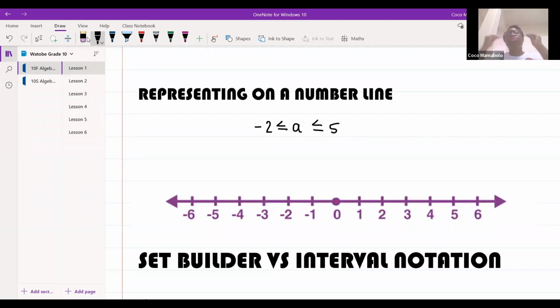Now, I want you guys to draw out the number line and actually map out, I'm forgetting to write here, that A is an element of integers. And once you've drawn this number line, I want you to give me all the values that apply. So which values am I actually going to have that A can be? What values can A be?